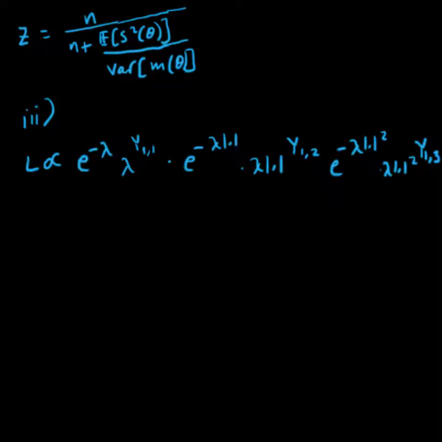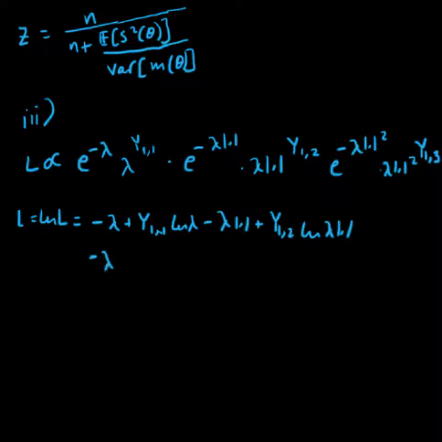Okay, looks a bit complicated, so we just take the log of that, the ln of the likelihood, which is negative lambda plus y1,1 ln lambda, minus lambda 1.1 plus y1,2 ln lambda 1.1, minus lambda 1.1 squared plus y1,3 ln lambda 1.1 squared.